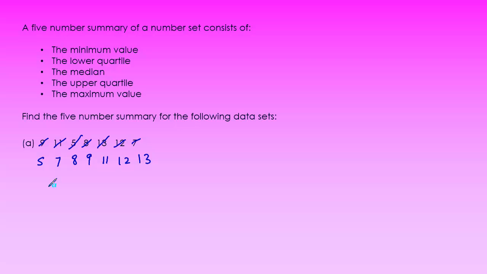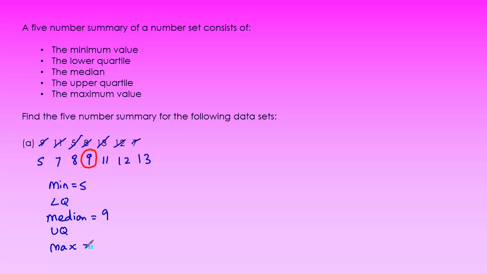So we can say that the min is equal to 5. We can also say the max is equal to 13, but we'll put that down again in a moment. So if we look for the middle, that's the 9 here. So we can say the median is equal to 9. So lower quartile, upper quartile, and then we want max.